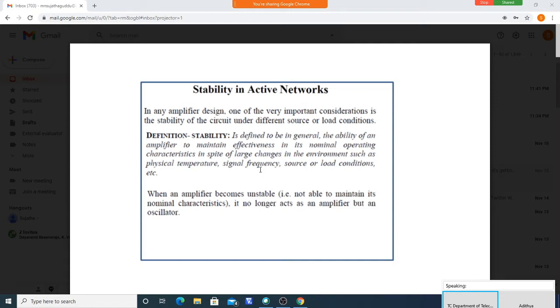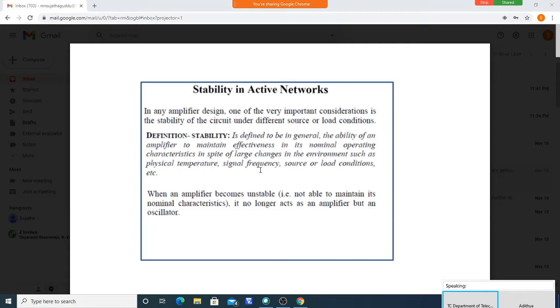If it doesn't maintain that, it is not a good amplifier; it is not stable in maintaining that. For example, we set ZS and ZL to get a gain of 15 dB, but while operating the gain may change and may not stay at 15 dB.